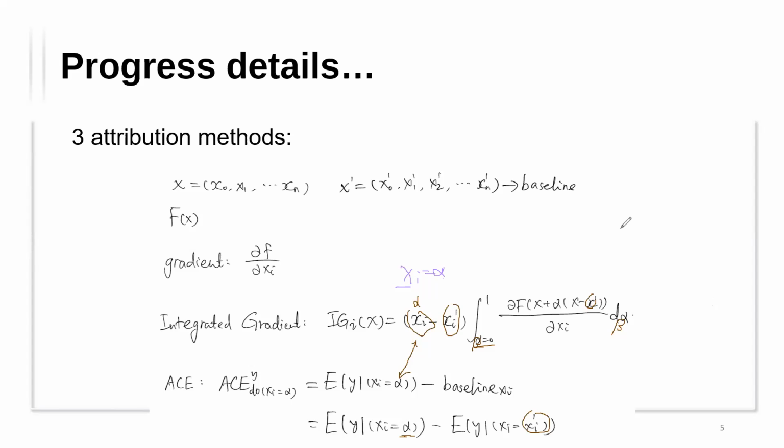So when xi is equal to alpha, what's its causal impact on the final output of y? So this f is equal to y.